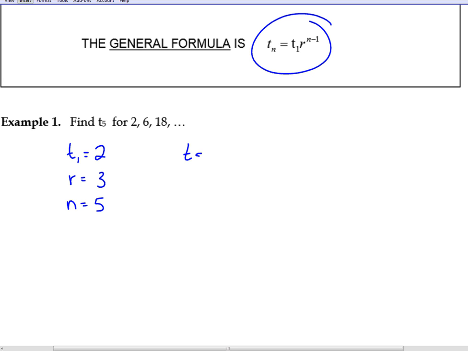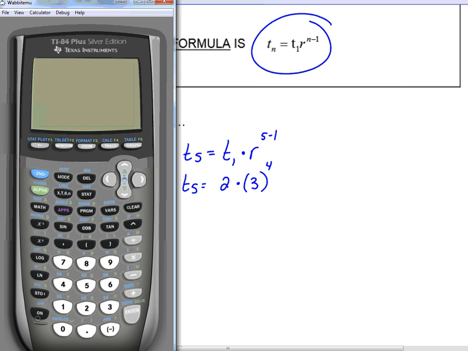So let's plug it into the formula. T5 is equal to term 1 times r to the power of n minus 1, so 5 minus 1, or 2 times 3 to the power of 5 minus 1, or 4. Okay, when you enter this in the calculator, it depends on the type of calculator you have.